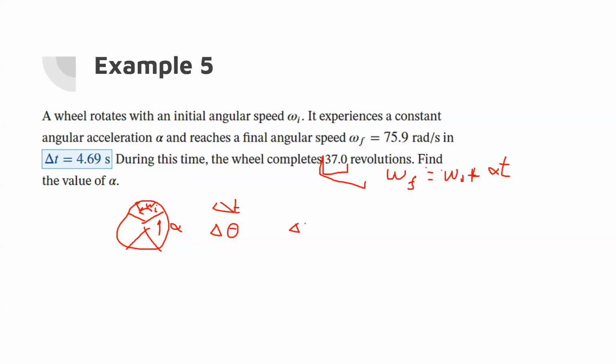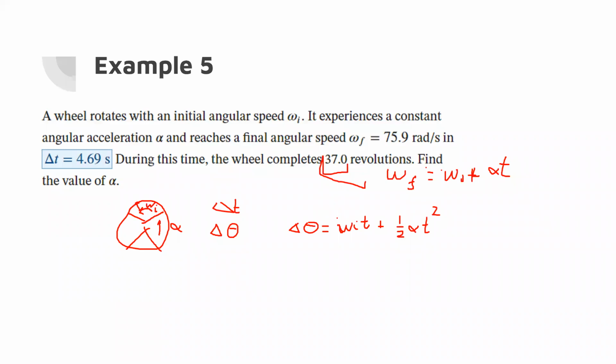So I'm going to take my delta theta is going to be equal to my theta initial. Since we have a delta theta, I'm just going to set our theta initial to be 0, plus omega initial t plus 1/2 alpha t squared, like that.